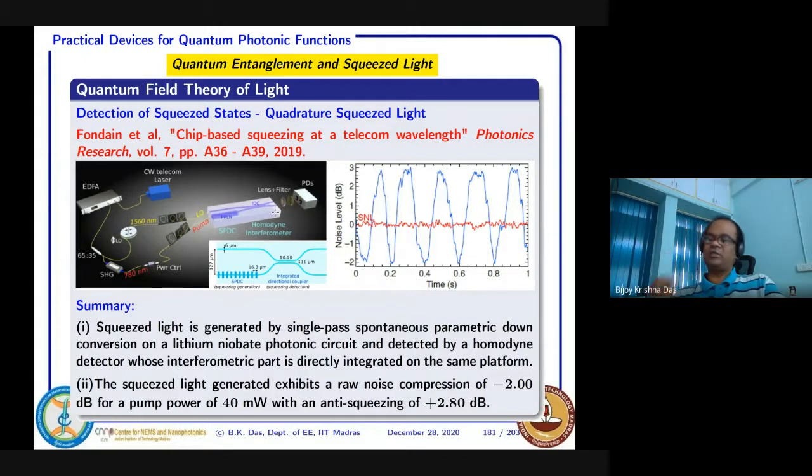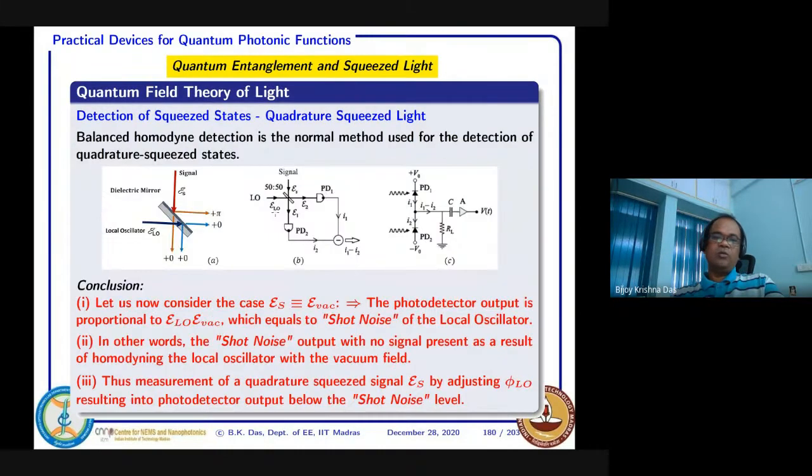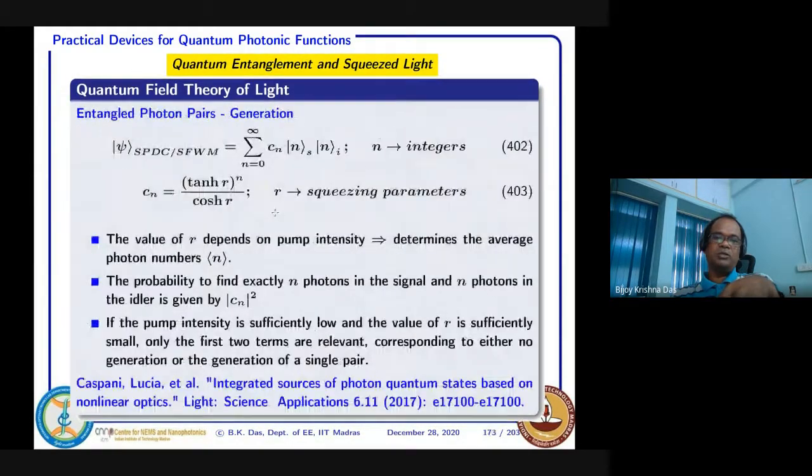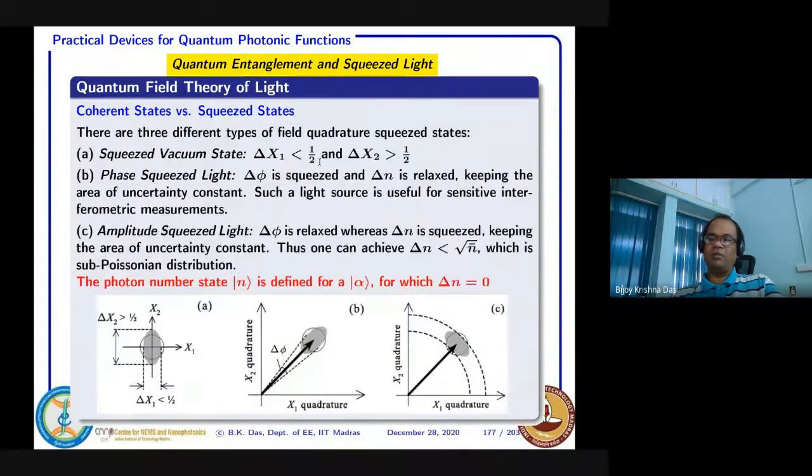We discussed earlier, you remember, the two daughter photons, signal and idler, right? In this fashion it is two mode squeezing, and entanglement will be there, you can measure. But here the two modes are the same frequency, that's why we call it single mode.